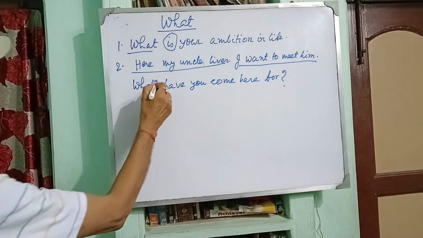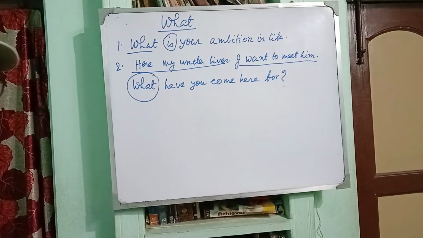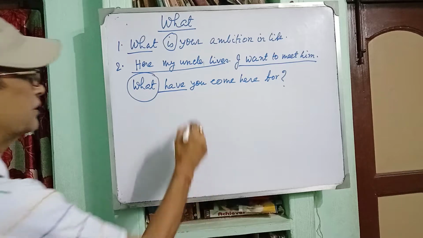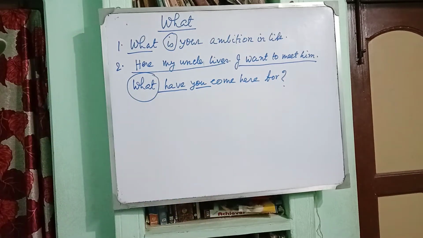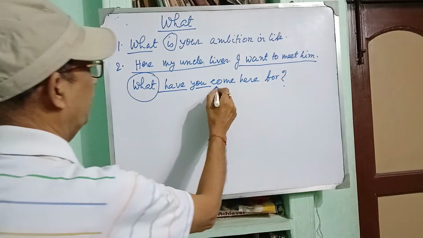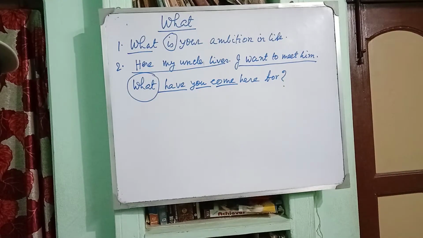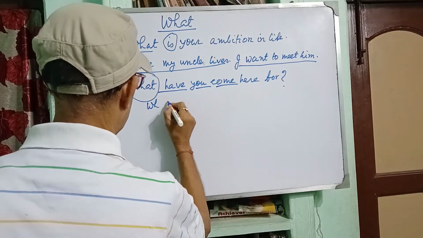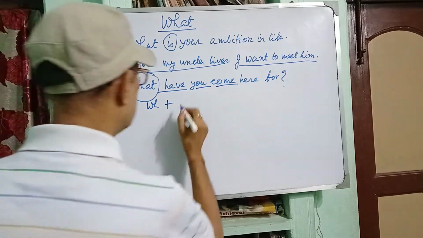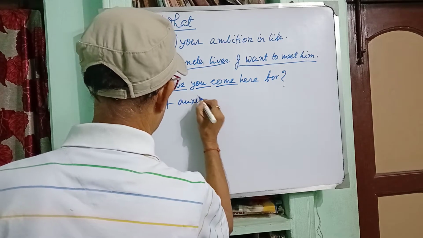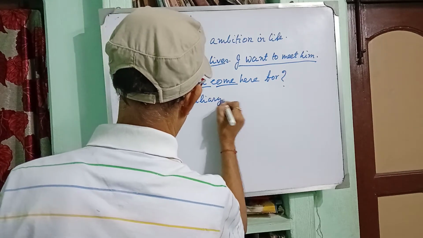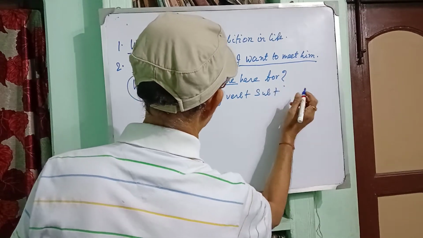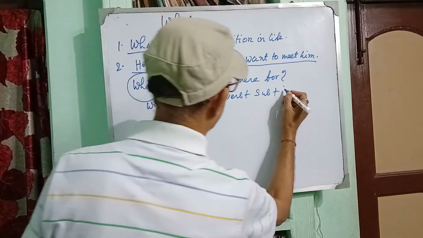You see that WH word is followed by the auxiliary verb, then subject, then the principal verb. So, what is the formula? WH word plus auxiliary verb plus subject plus principal verb.